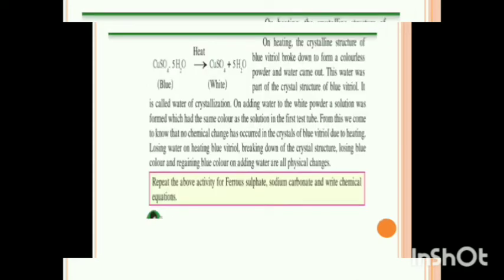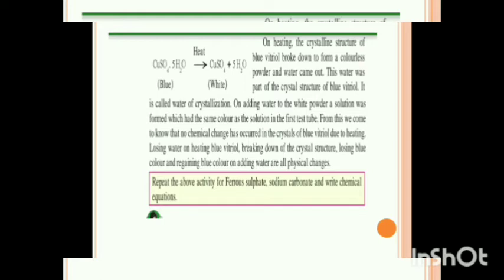On heating, the crystalline structure of blue vitriol broke down to form a colorless powder and water came out. So this water was part of the crystal structure of blue vitriol and it is called water of crystallization. And on adding water to the white powder, a solution was formed which had the same color as the solution in the first test tube.